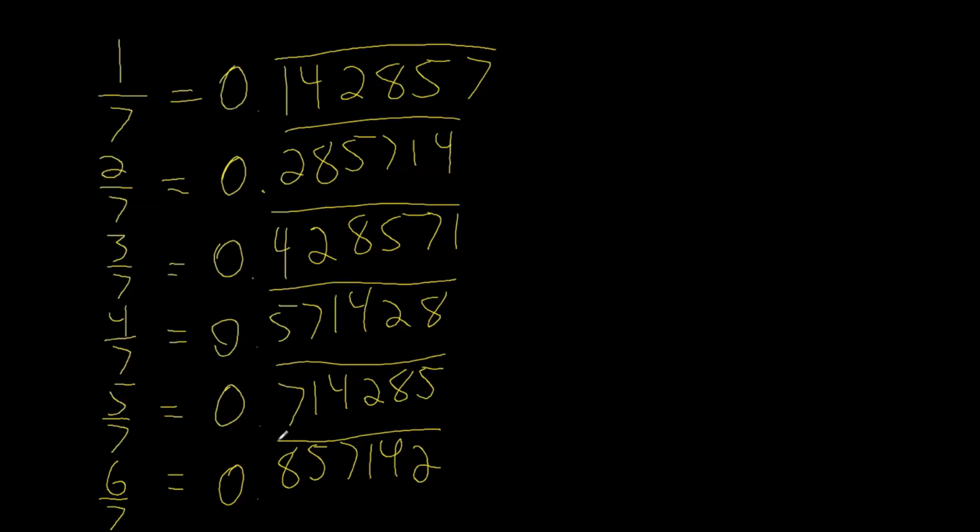So that's great. What if you have a fraction, however, such as 9/28? How are we going to handle this? Well, 9/28 is the same as 9 over 2 times 2 times 7, because 28 is 4 times 7.